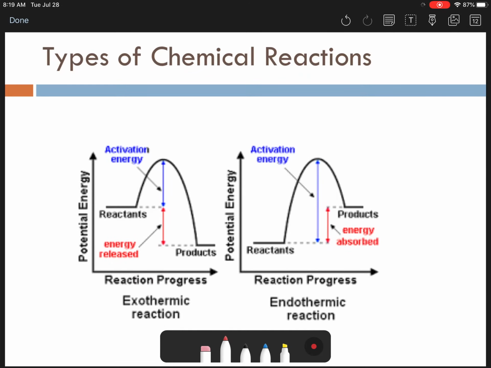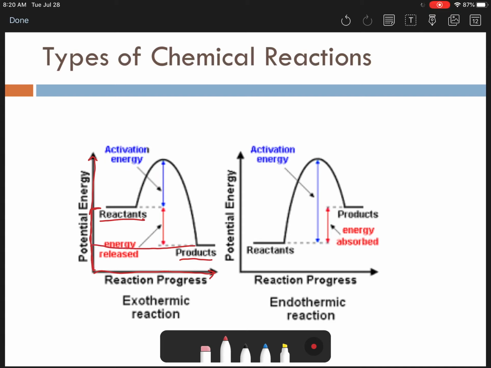So when we look at this in a graph form, this may look a little confusing, but what I want you to look at is here's your potential energy along the y-axis. X-axis is the reaction in process. If you look at this, look at how much energy the reactants have. Look how high up they are on this graph.